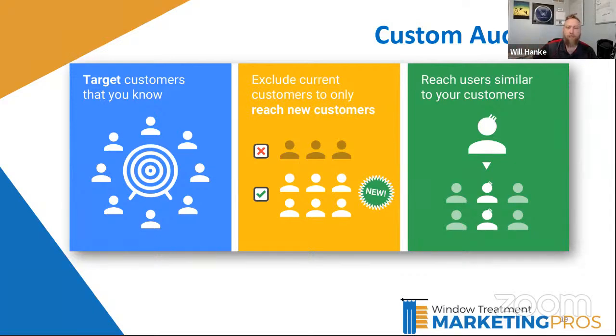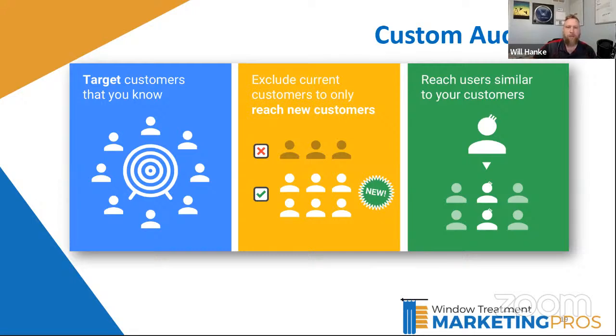If you've been on any of my past workshops, you know I love to talk about personas and understanding your audience really well. Google will reverse engineer that, and they will say, well, here's a group of people that are like the people that you uploaded that would probably want to also purchase from you.